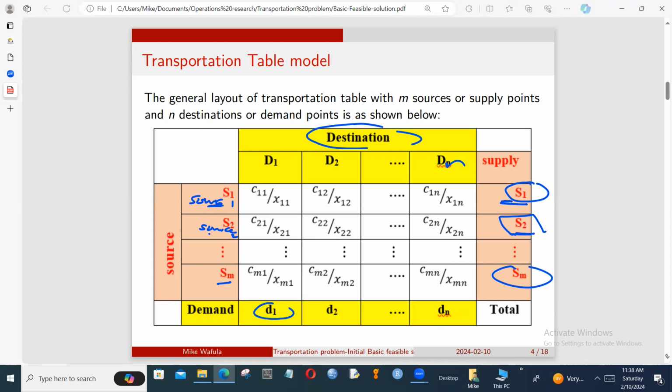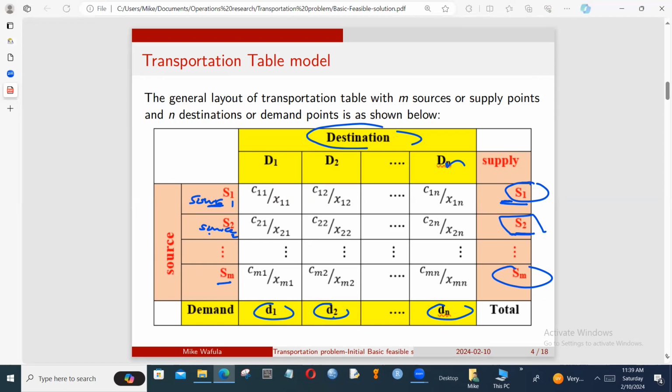And what you see down here is D1, D2, up to Dn. This is the demand or the requirements for destination D1, the requirements for destination D2, how many units those destinations actually need to be supplied with.